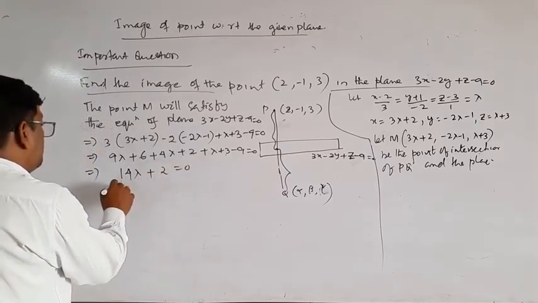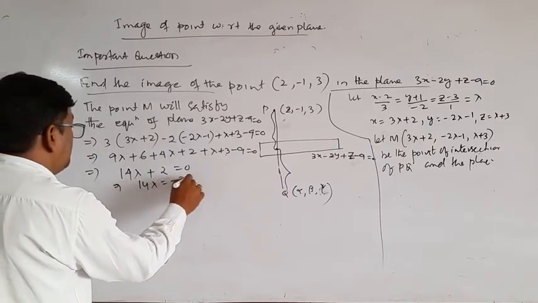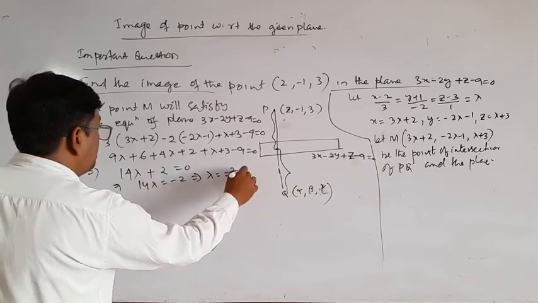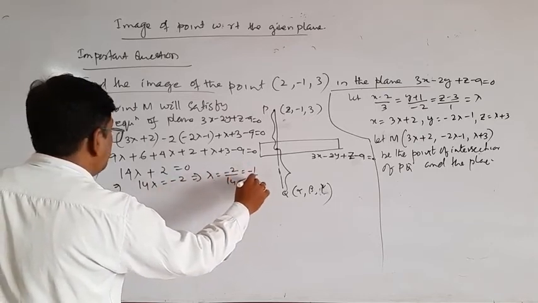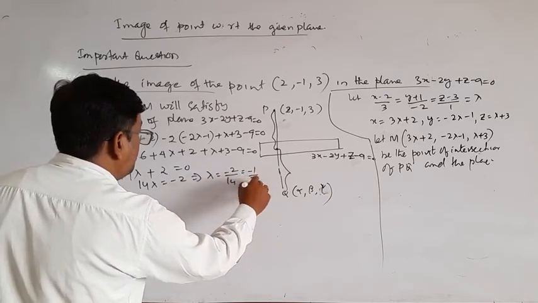So 14 lambda is equal to minus 2, so lambda is equal to minus 2 by 14, that is minus 1 by 7.